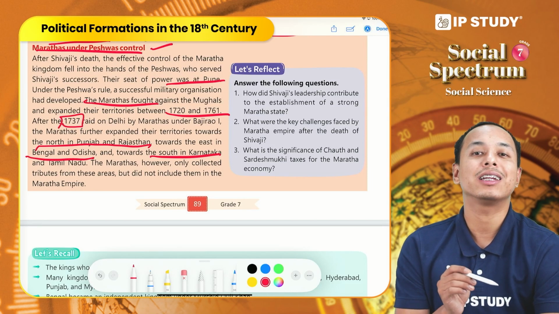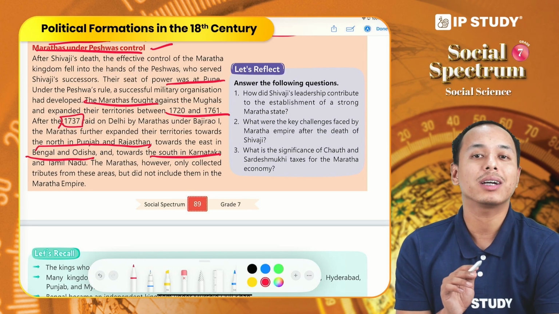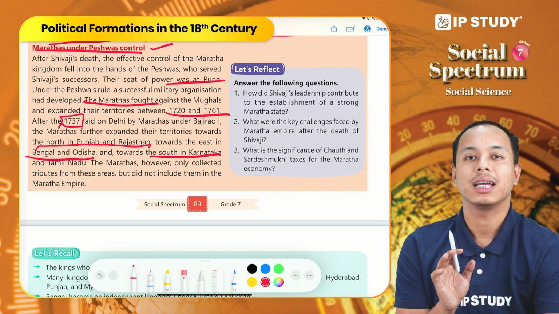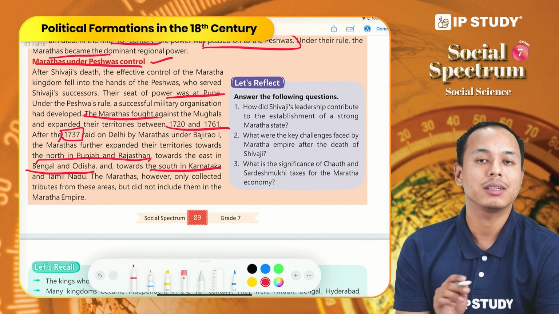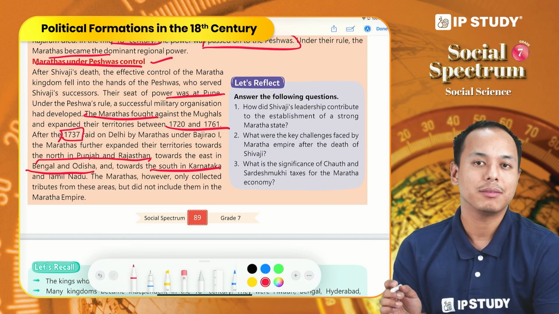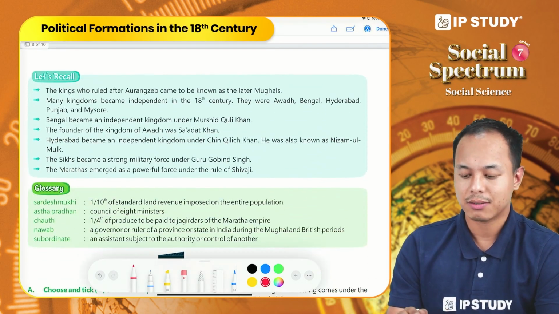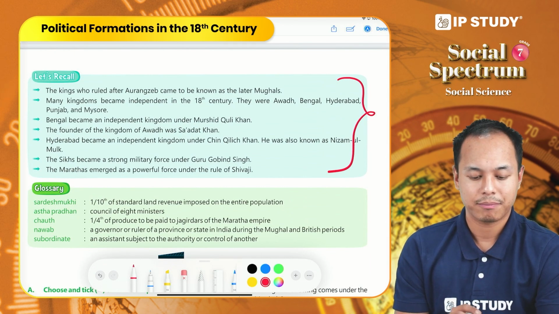However, they did not include all this territory under the Maratha Empire, but only collected tribute from these areas. So, this is the case study of the Marathas, their origin, their important rulers, and the Marathas under the Peshwas. Now let us discuss a few important topics that we have discussed in the chapter.